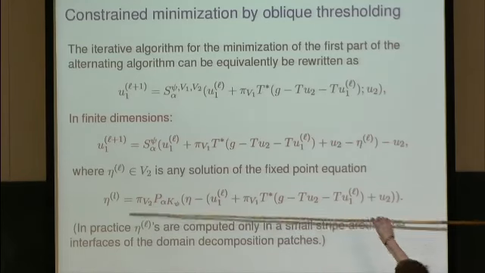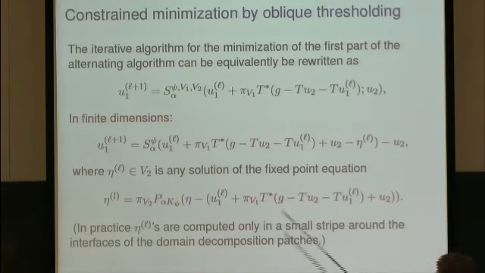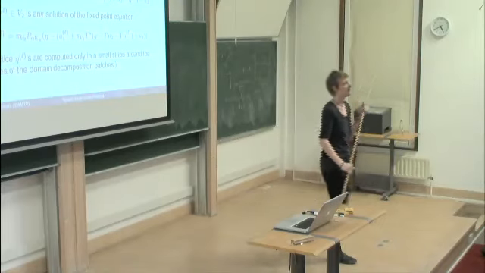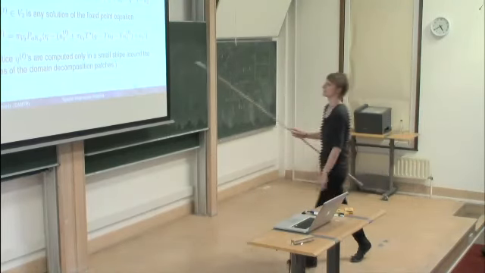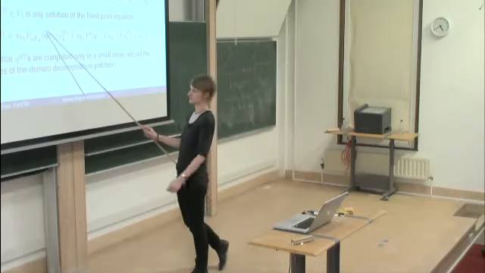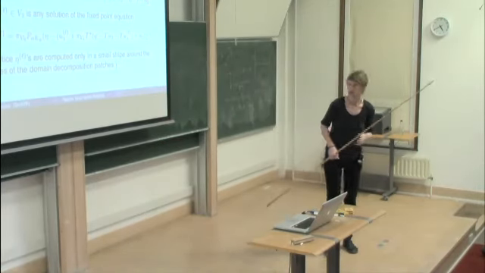I need another iteration for this Lagrange multiplier, which is basically taking care of the interface condition, since I might have jumps across the interface. So I cannot forget about what is happening on the other side completely.